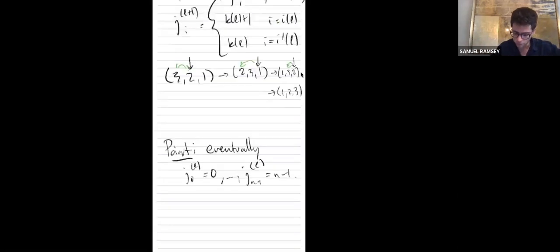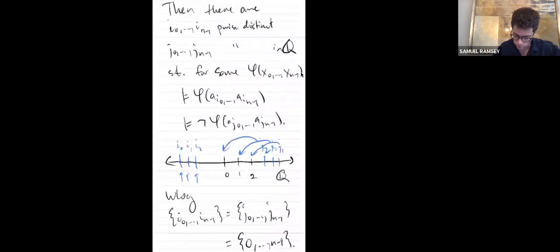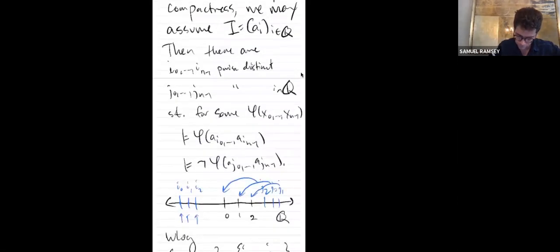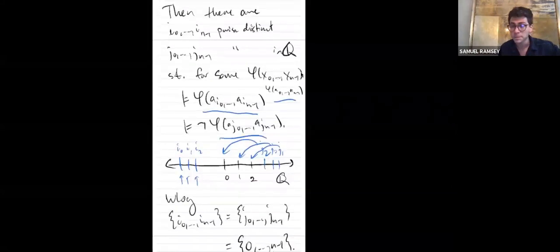And let's recall our setup, right? So if we scroll back here, we knew that if I looked at these guys, and recall that this is the same as phi A0 through A n minus 1, these were true on phi, and these guys were false.